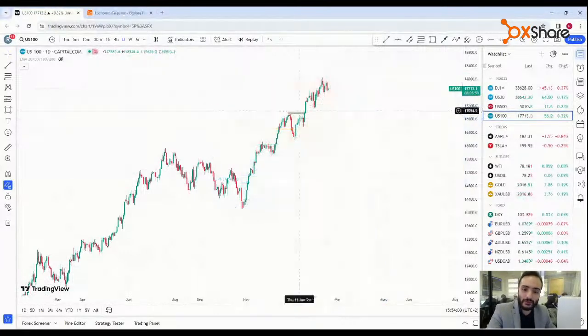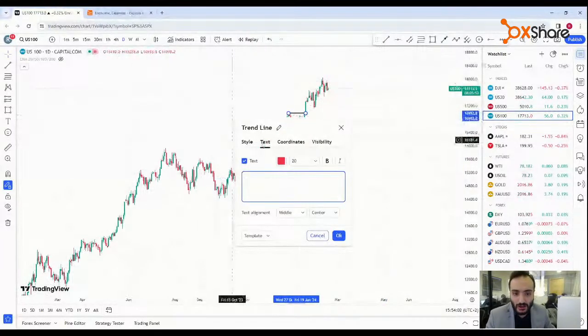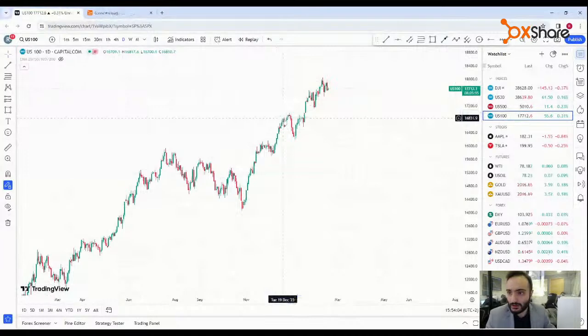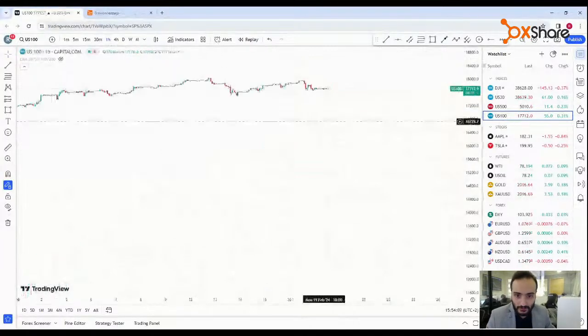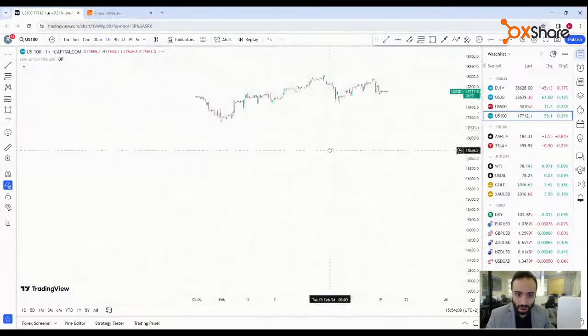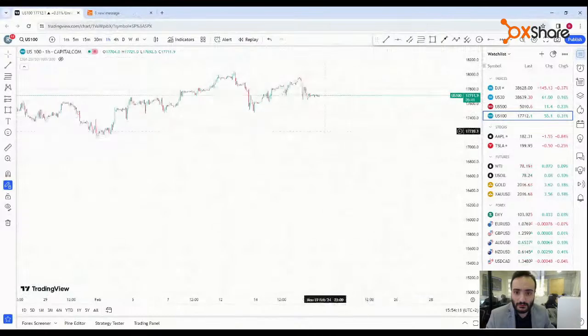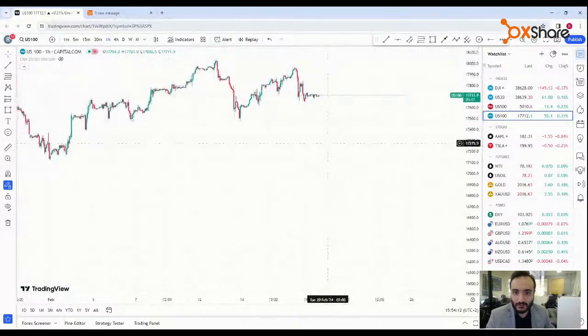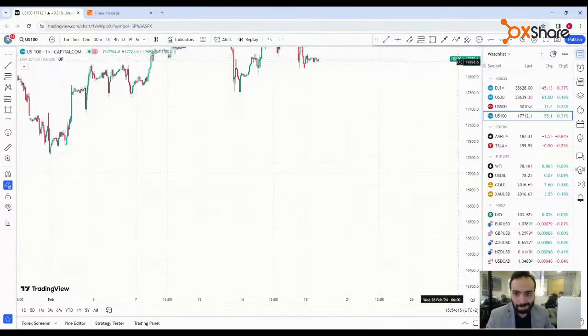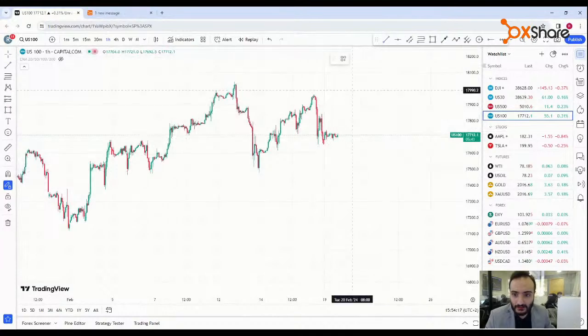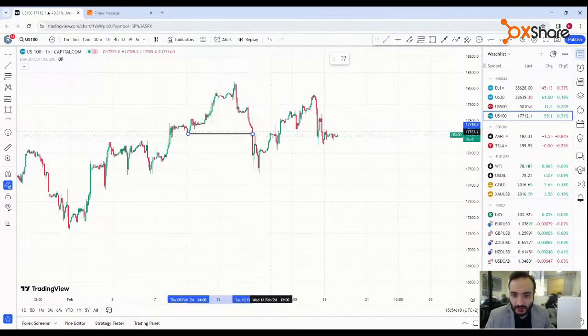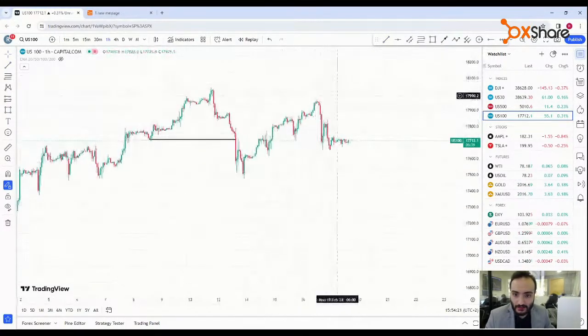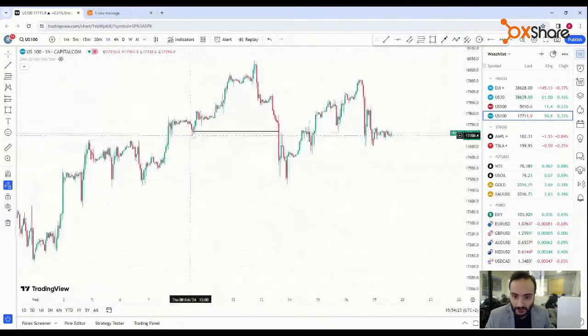So if I want to go deeper now in the time frame and watch what's happening at a lower level, we'll go to the 1 hour. So we had a break over here, as you can see, and this is a break of structure over here.